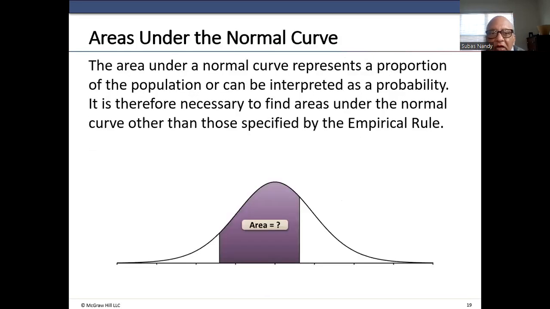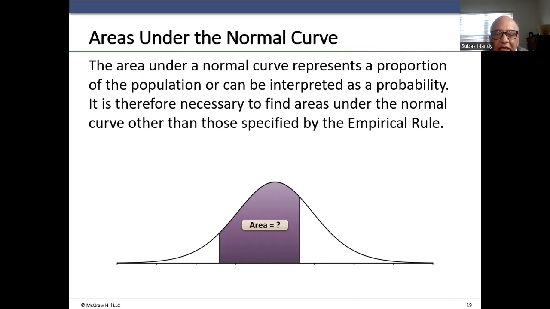Areas under the normal curve. The areas under the normal curve represent a proportion of the population or can be interpreted as probability. It is therefore necessary to find areas under the normal curve other than those specified by the empirical rule. The empirical rule is valid for mu minus sigma, mu plus sigma, mu minus 2 sigma, and mu plus 2 sigma, for example.